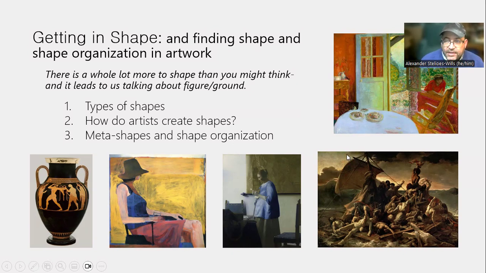There are shapes within shapes within shapes. Every painting, every print, every drawing. Now, drawings can be more dependent on line, but there are still shapes being created. We'll talk about how you make shapes in a little bit. So there are shapes all over.